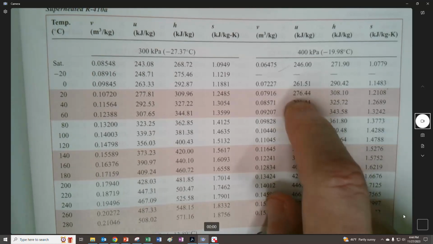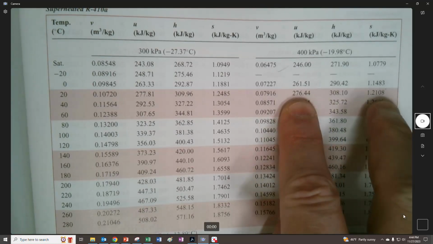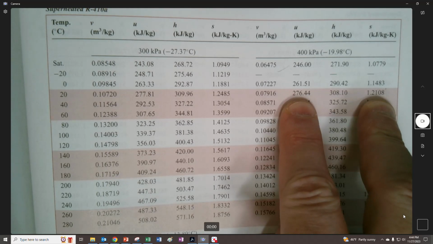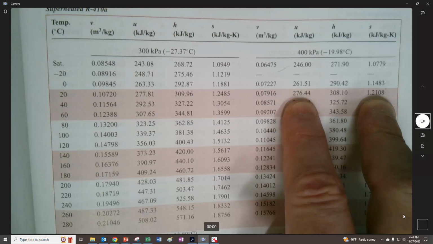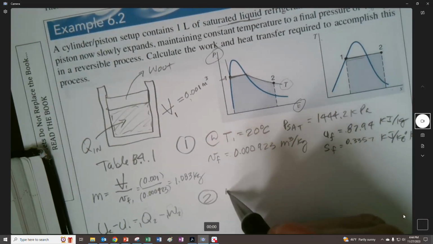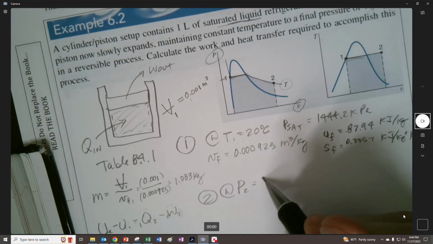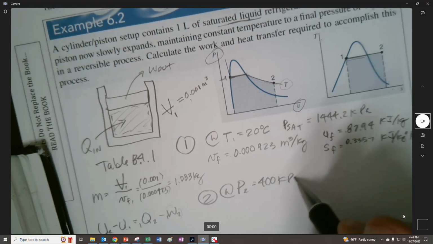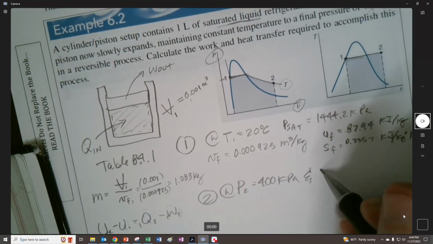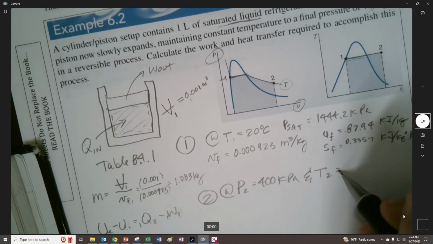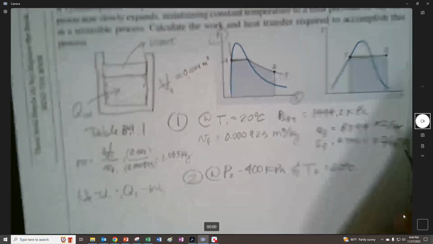We have this right here, and we're going to need this value right here, 276. So state 2 at P2 equals 400 kPa, and T2 is going to be still 20 degrees Celsius, because it's isothermal.